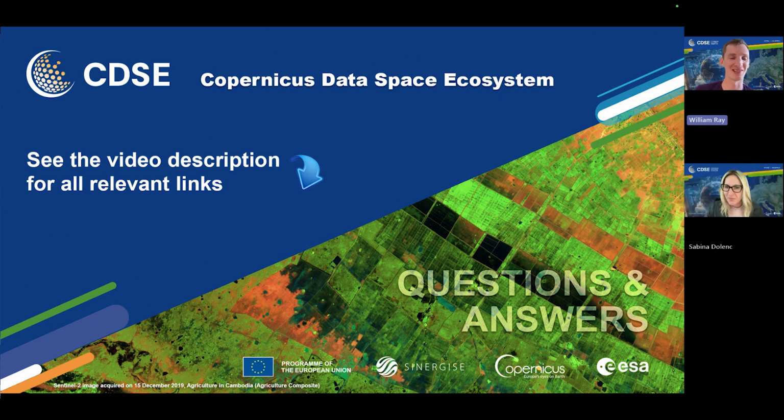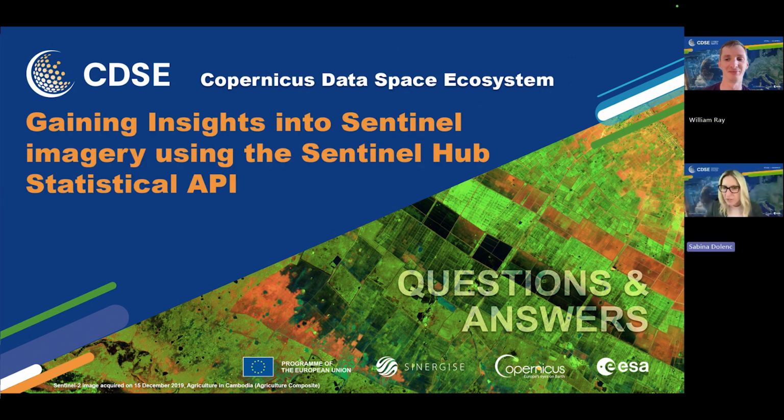Perfect. Thank you, Sabina. Then we have another question. Is it possible to use the statistical API mean, SD, and histograms for SAR images like Sentinel-1? Yes. All the examples I've shown today have been Sentinel-2, but you can use other data collections that are part of the Sentinel Hub data collections in CDSE.